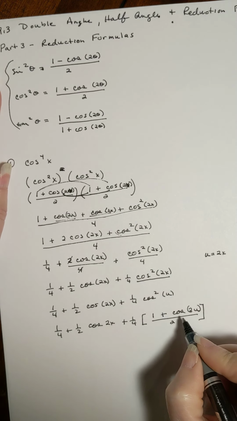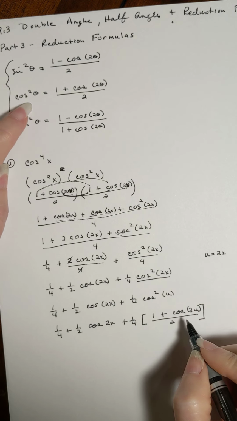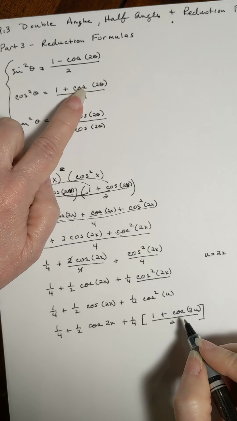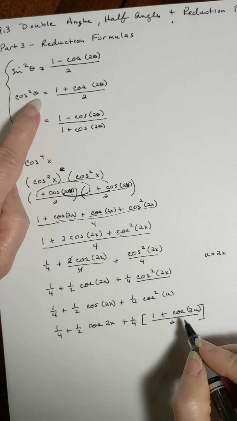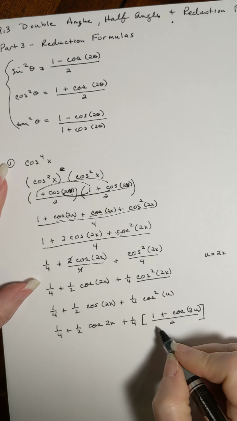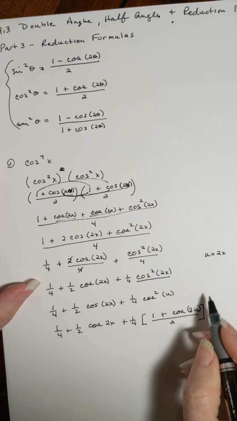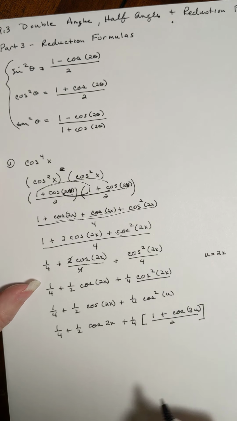And so now I have no more squared because I've used the power reduction formula to reduce this from a square to just a cosine squared of theta to a cosine of 2 theta. And so now let me go ahead and simplify this a little bit, and I also have to resubstitute.